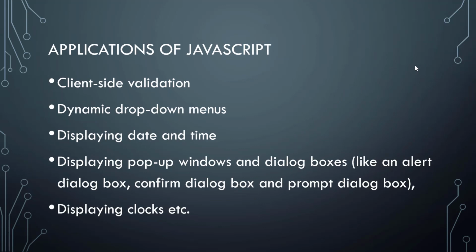Now let's look into applications of JavaScript. Where do we use JavaScript in web development? That's more important to know, guys. The first thing is client-side validations. When you're developing websites, remember validations are very important, and you can do two types: client-side validation and server-side validation.